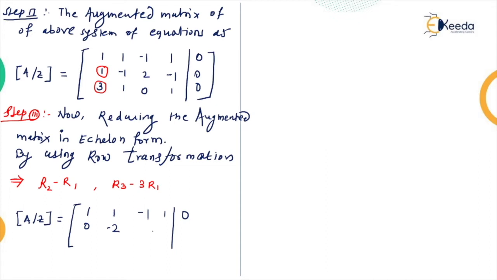Next element, 2 minus minus 1, that is plus 1, gives 3. Then minus 1 minus 1 gives minus 2, and here is a 0.